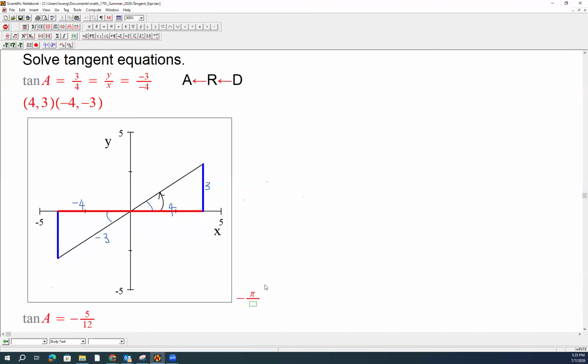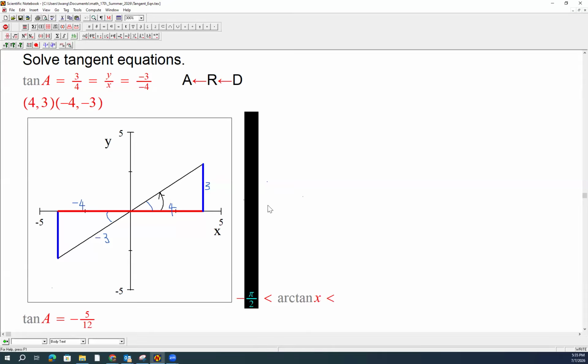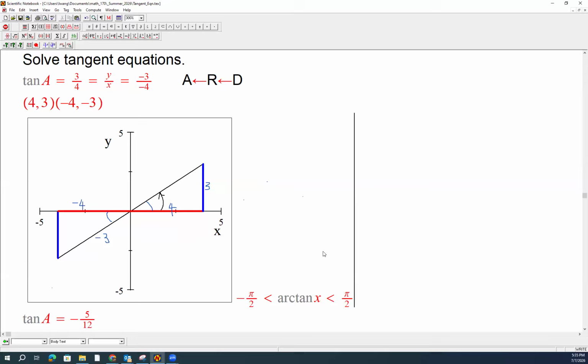We have talked about that. So now it's time to use it. The domain for arctangent is all real numbers, and the range is between -π/2 and π/2.